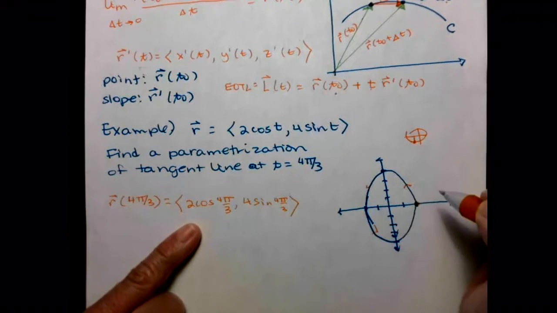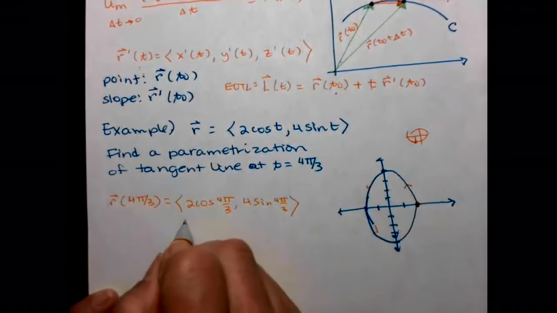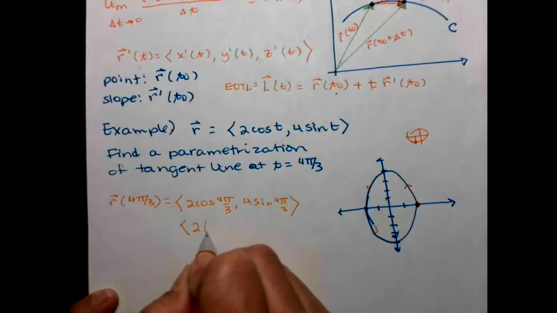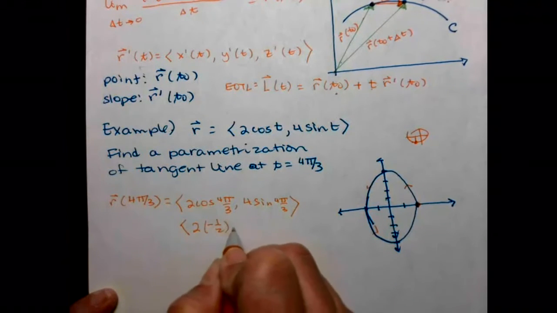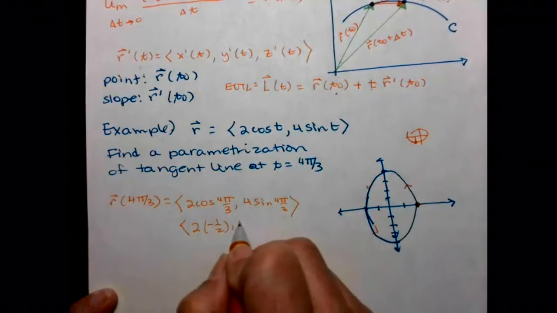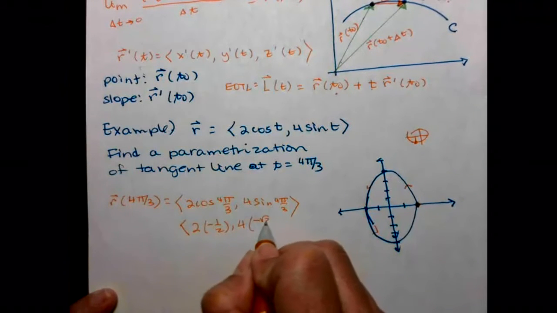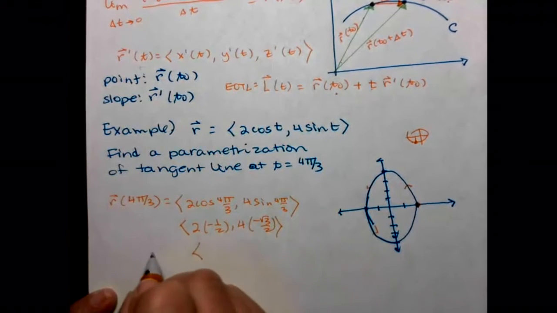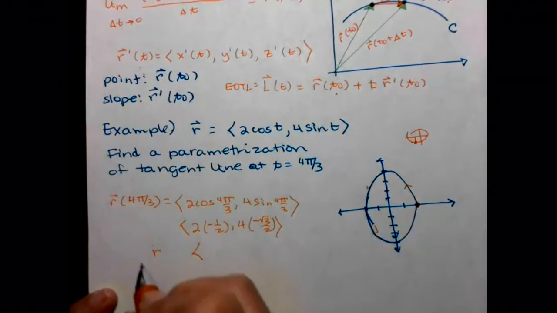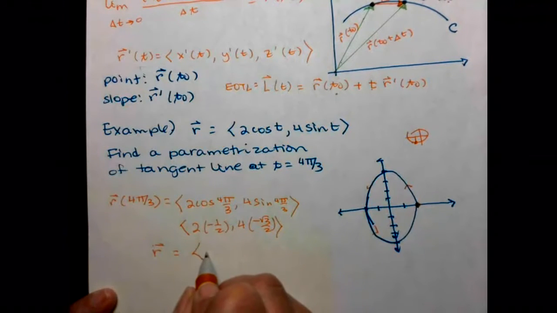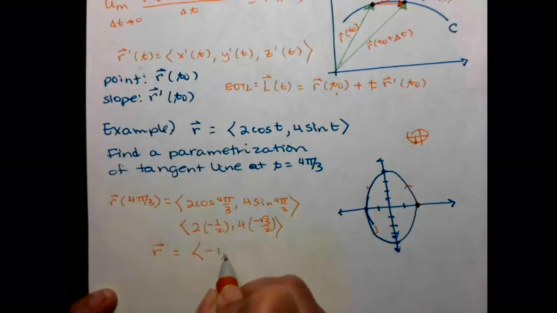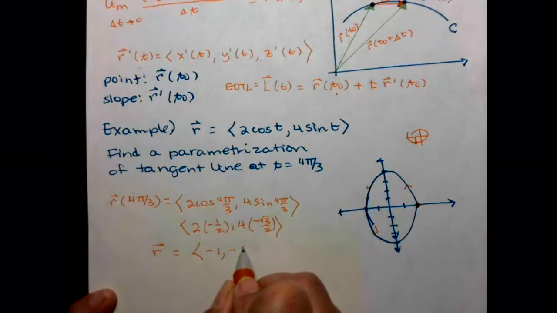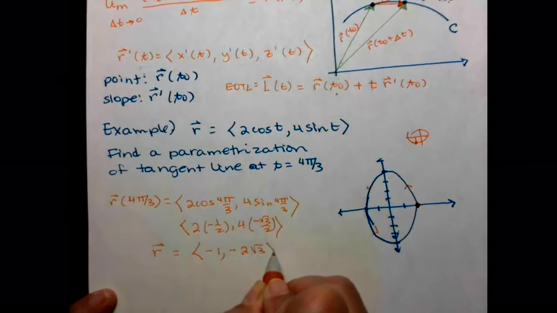Cosine is negative 1/2, so I have 2 times negative 1/2, and the sine is negative root 3 over 2. If I tidy that up, my anchor point is negative 1 and then negative 2 root 3.